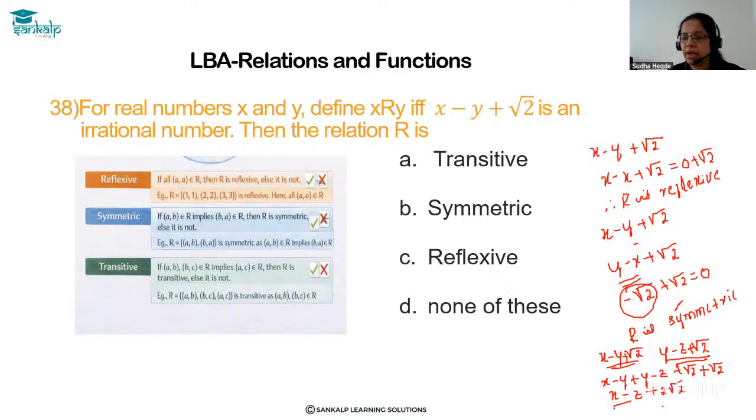So if x minus z is minus 2 root 2, then whole quantity reduces to 0, which is not irrational. Therefore, R is not transitive. So R is not transitive when x minus z is minus 2 root 2.